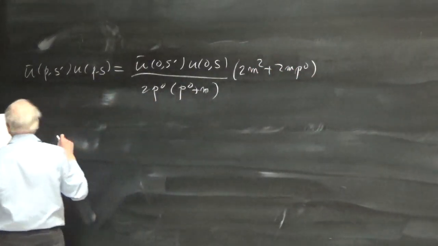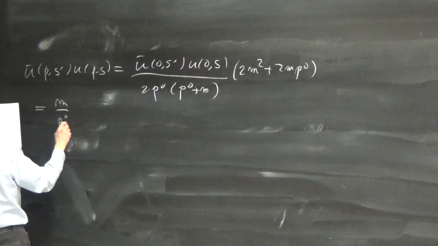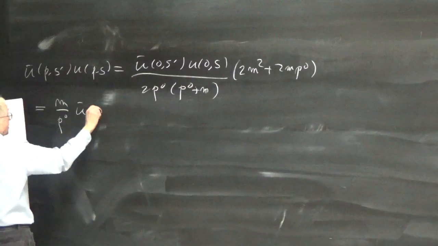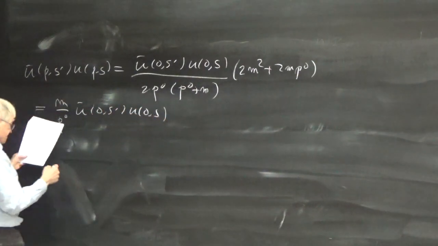And so altogether this is just simply M over P0 U bar of 0 S prime U of 0 and S.